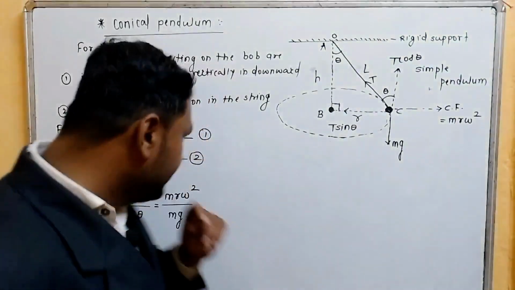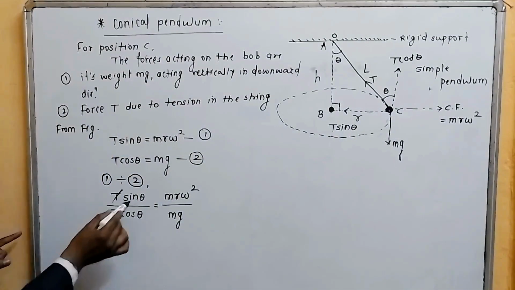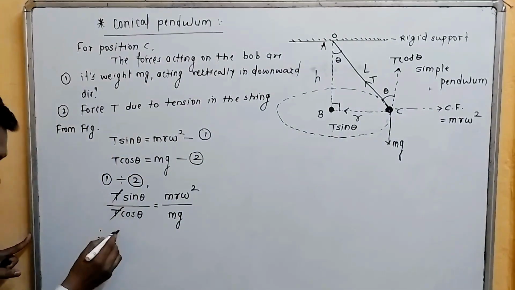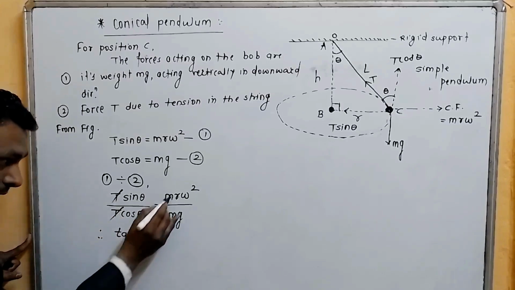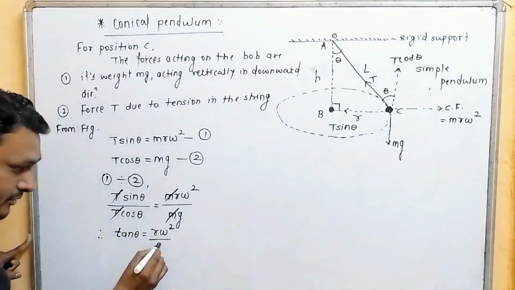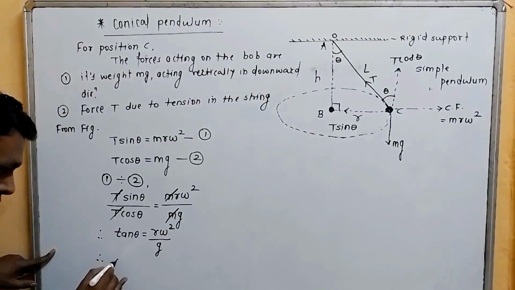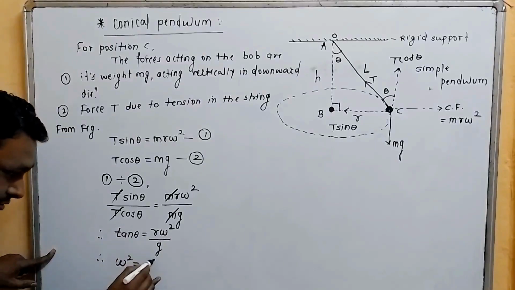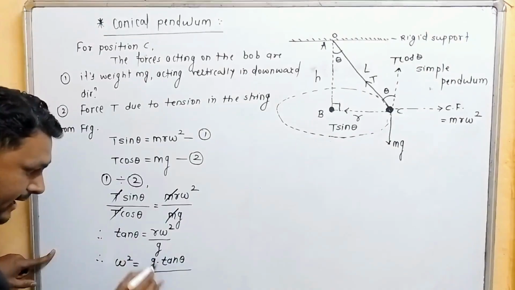So we have to find the formula. T will get cancelled, and you know that sin theta upon cos theta is tan theta, is equal to, m will get cancelled, r omega square upon g. Therefore, we can write here omega square is equal to g tan theta divided by r.